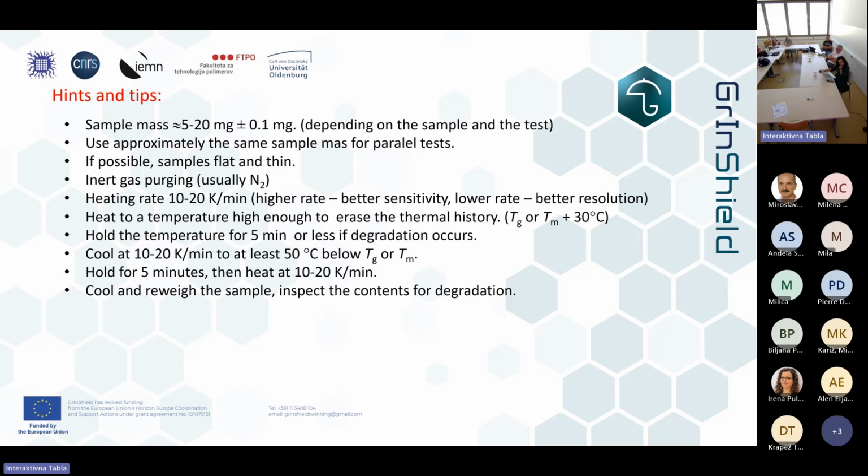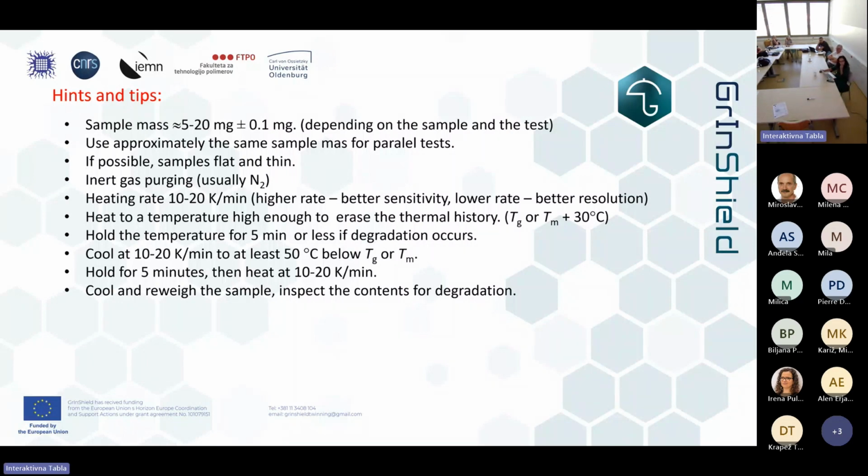Then we hold it at this melting temperature, then cool, and usually we heat again. At the end, it is very useful to reweigh the sample, so we can see if we had some weight loss.